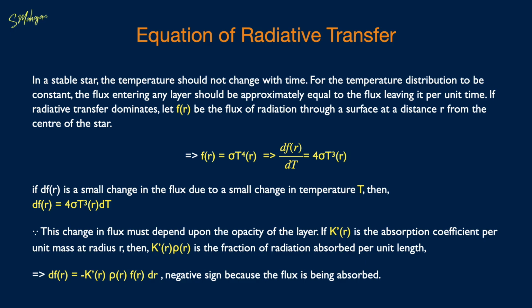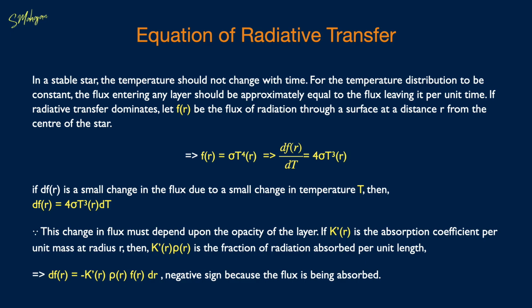Now, if dF(r) is a very small change in the total flux due to a small change in temperature T, then we can give this dF(r) as 4 sigma T cubed dT. But because this change in flux must depend upon the opacity of the layer, kappa, which is also a function of radius, is the absorption coefficient per unit mass at radius r, and then kappa times rho, where rho is the density of the material, is the fraction of radiation which is absorbed per unit length.